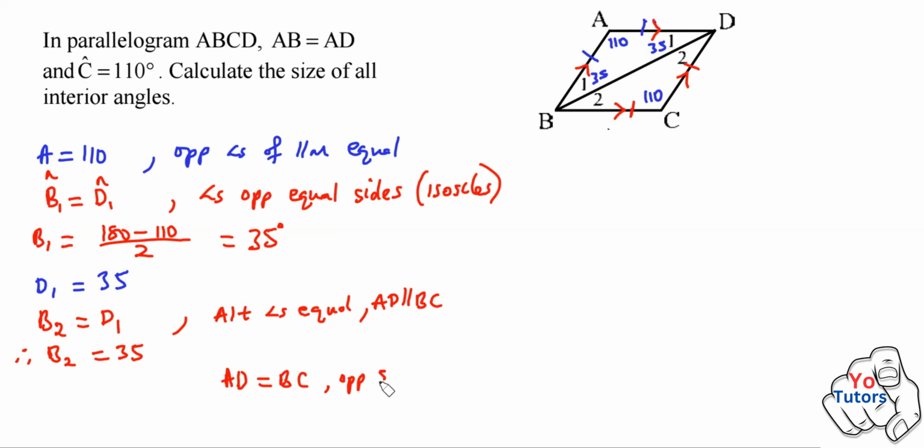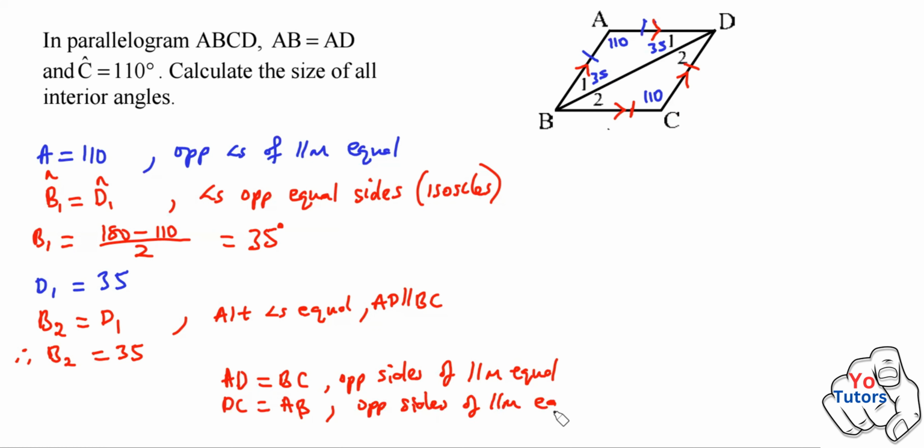Opposite sides of a parallelogram are equal. So now, since these two are equal, DC is equal to AB. If DC is equal to AB, then we know that these are also opposite sides of a parallelogram, equal.